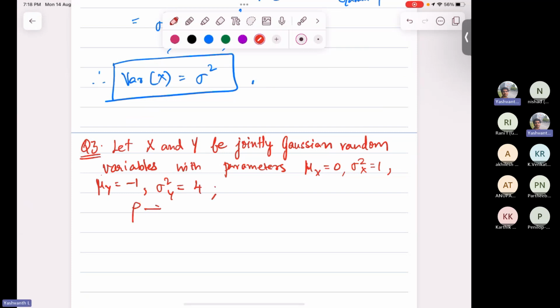Okay, now rho is defined as the correlation coefficient.